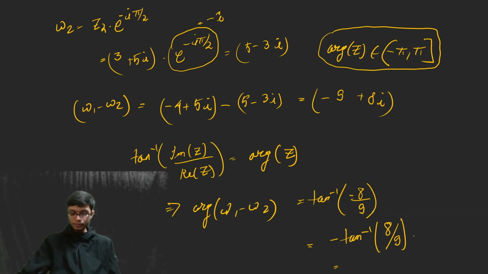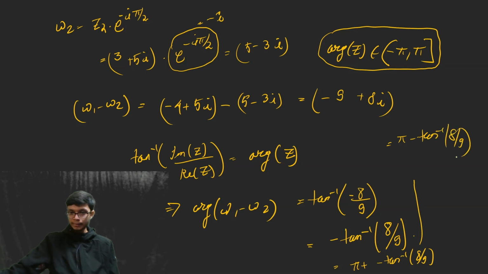Since it is in the third quadrant, the principal argument becomes pi plus minus tan inverse of 8 by 9, which will give you the answer: pi minus tan inverse of 8 by 9.